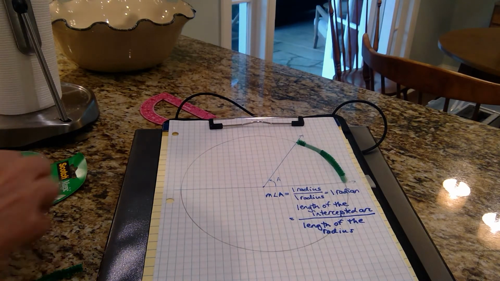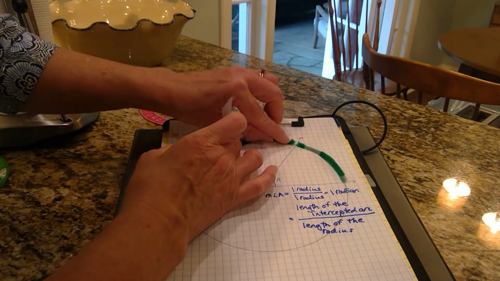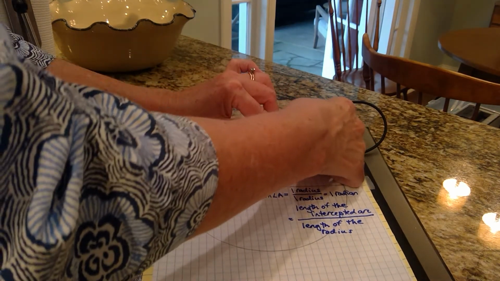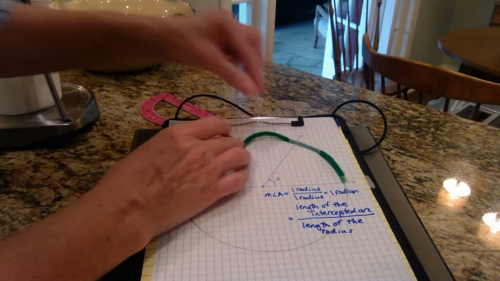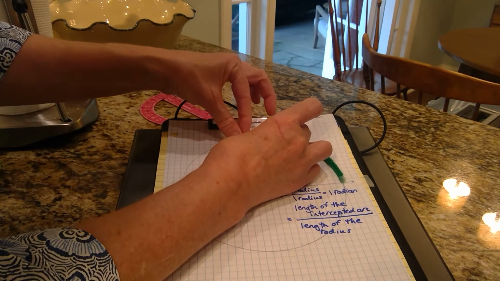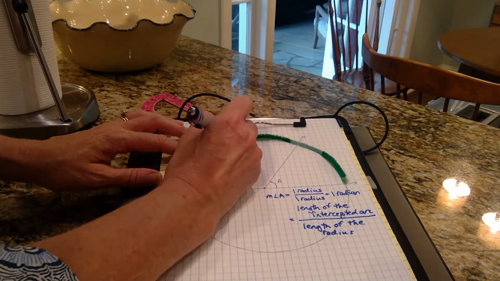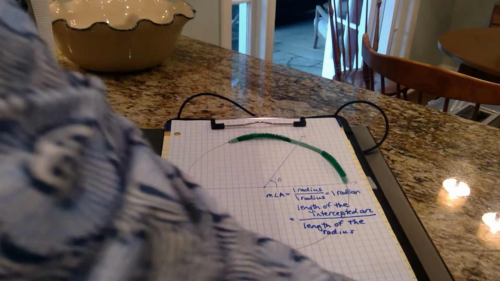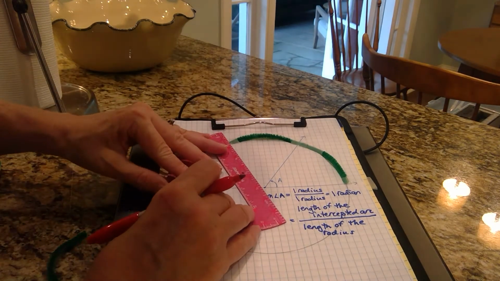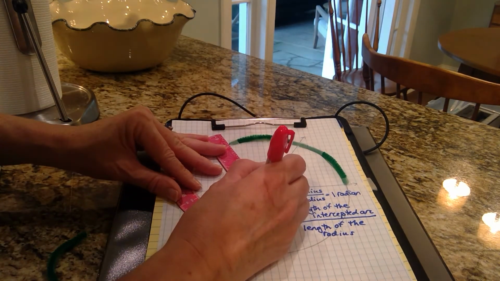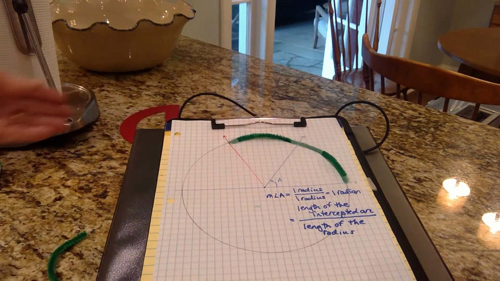Right now, if I go and I take another pipe cleaner that's 1 radius in length, and I pick up where I left off, and I follow the curve of the circle, 1 more radius, okay, get me to here, and I think about the end of that one, and I use my straight edge to draw the ray that goes from the center through that spot, okay.